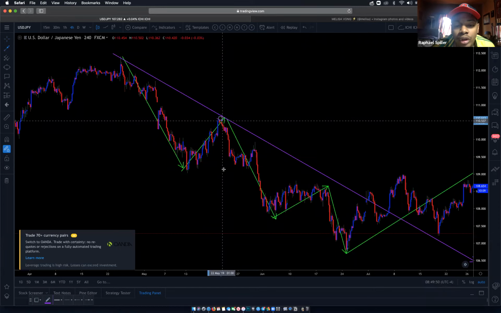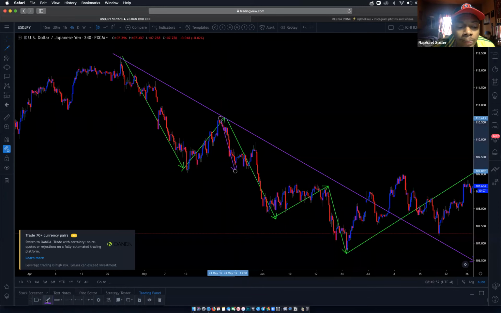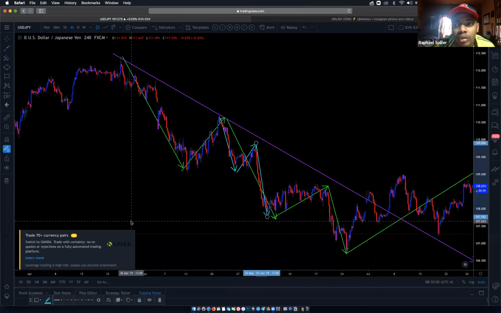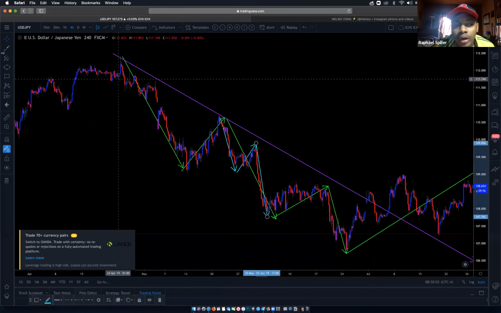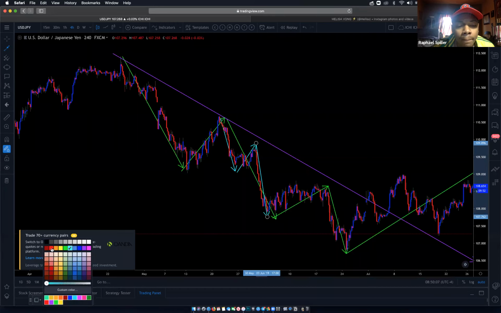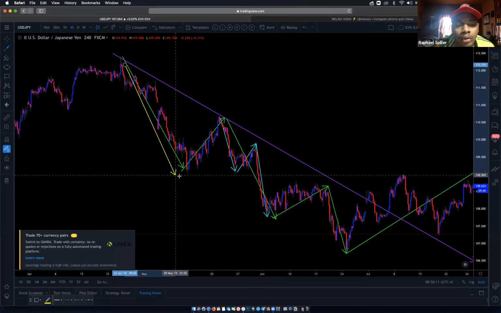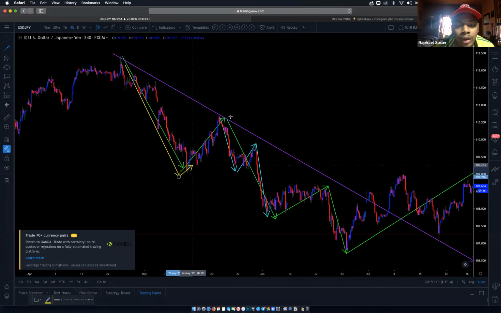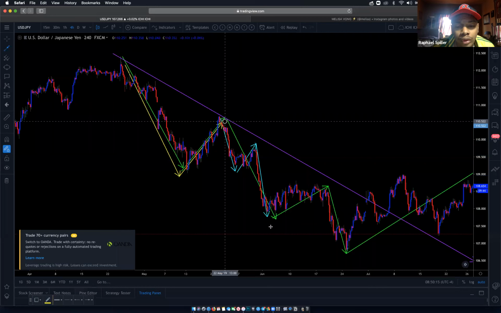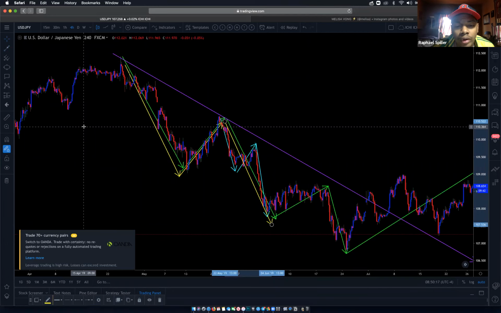So this would be your impulse, maybe on the 1 hour. This will be your correction on the 1 hour, and then this will be your continuation on the 1 hour. But you still have this huge impulse on the 4 hour, correction on the 4 hour, and then your continuation on the 4 hour, right?